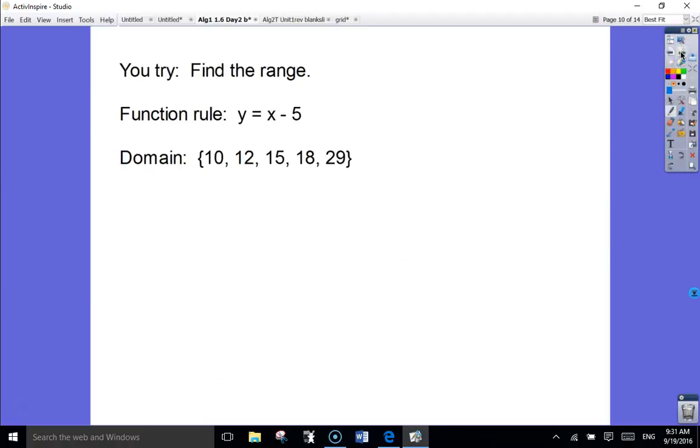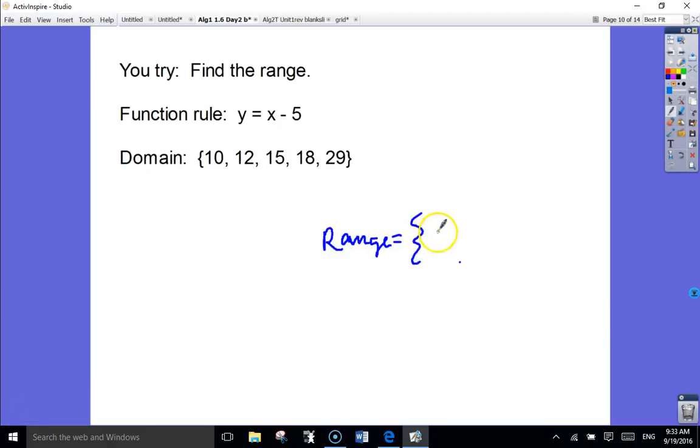Probably the next one is for you. So you try to find the range if you know the function rule and that domain. Okay, what was the range? Anybody?